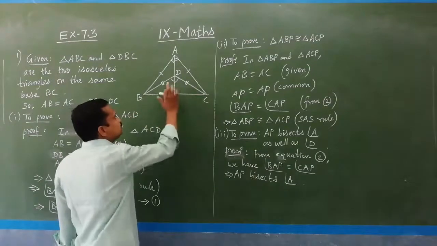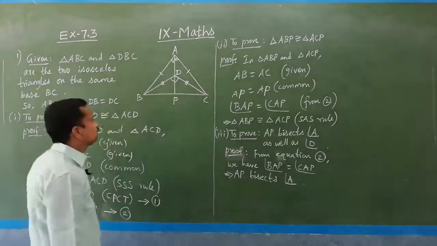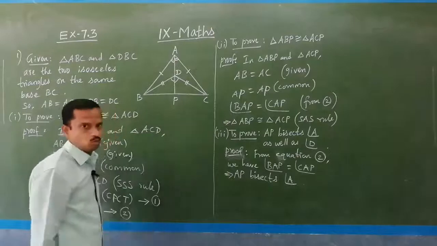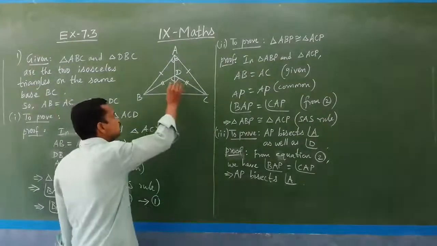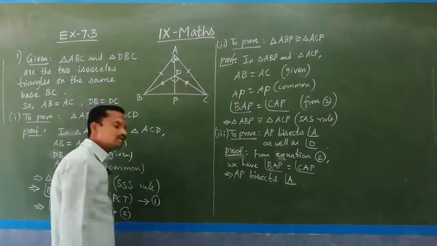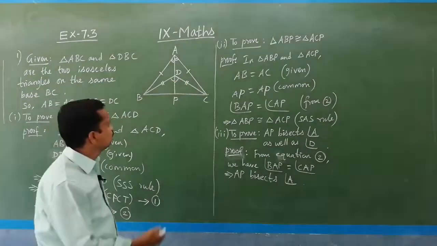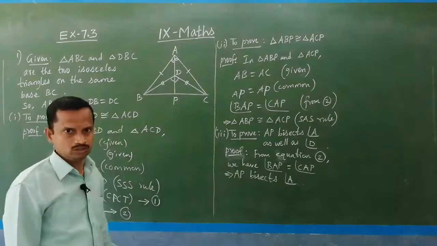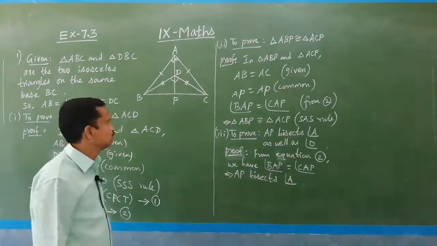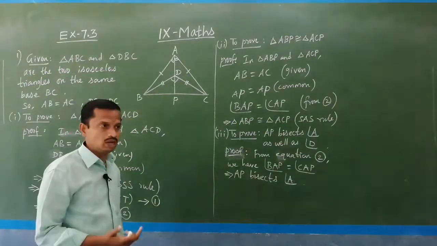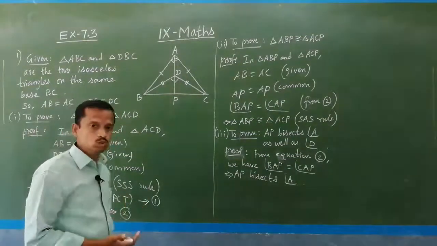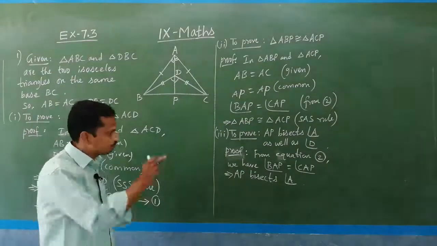BPD and CPD. Clear? If you prove these two triangles congruent, then we can say easily by CPCT that these two angles are equal. After that, AP bisects angle D, like that we can say. So, we have to think by observing the diagram.